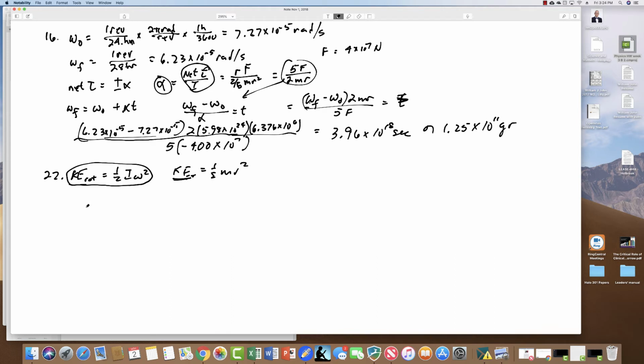And so the change in gravitational potential energy has to be equal to the sum of the rotational kinetic energy and the translational kinetic energy. And so that means that mgh has to equal 1/2 I omega squared plus 1/2 mv squared.